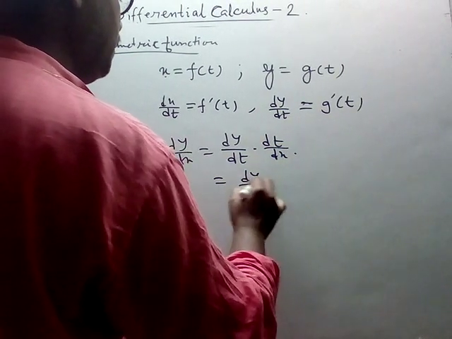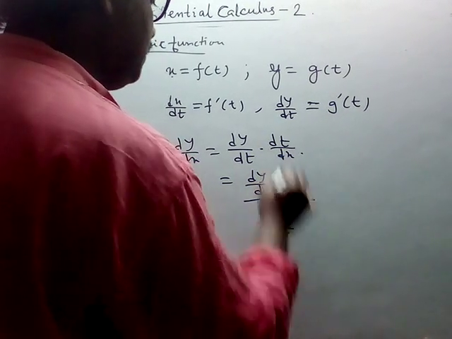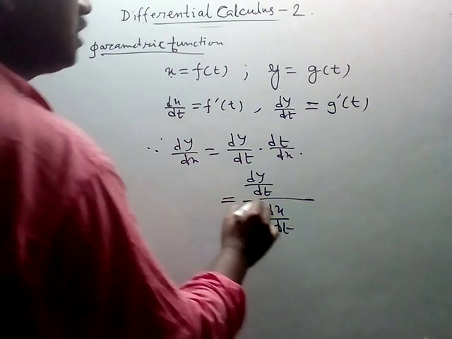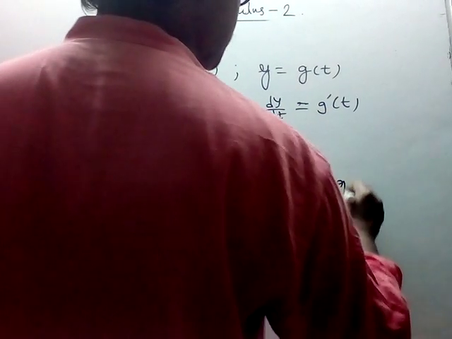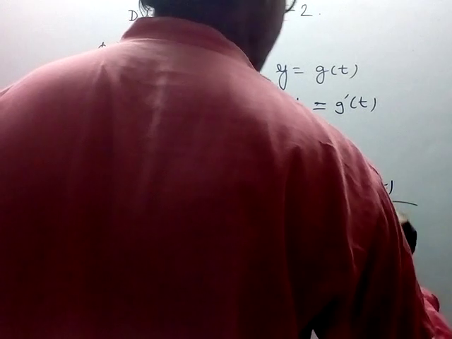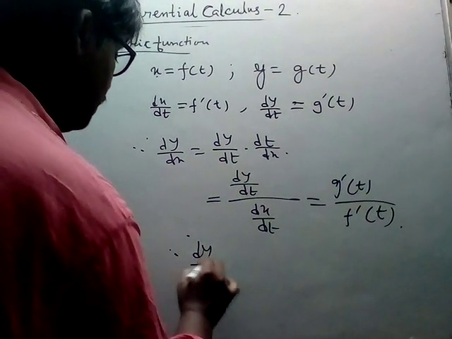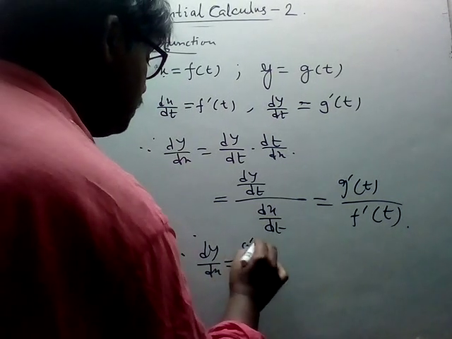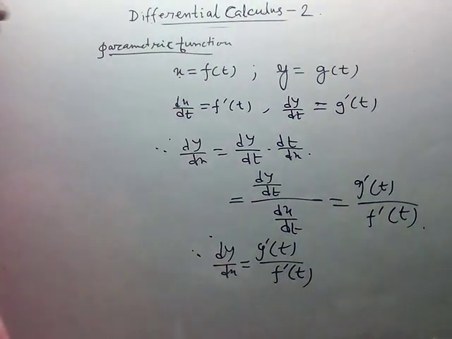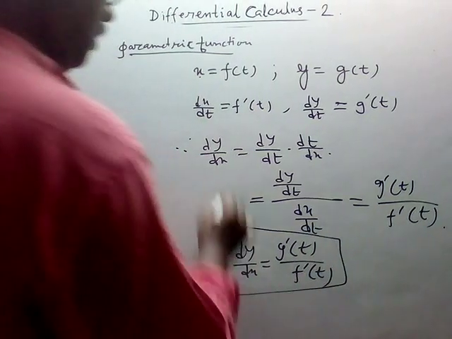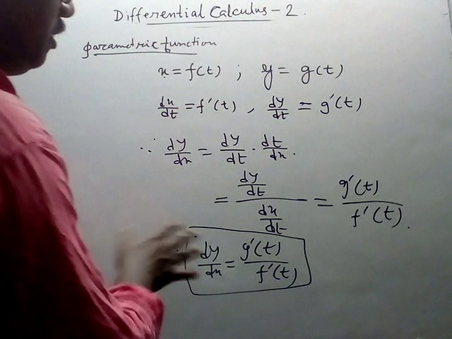We can write dy/dt divided by dx/dt, since dt/dx means 1 by dx/dt. This is equal to g dash t by f dash t. Therefore dy/dx equals g dash t by f dash t, dy/dx in parametric functions.